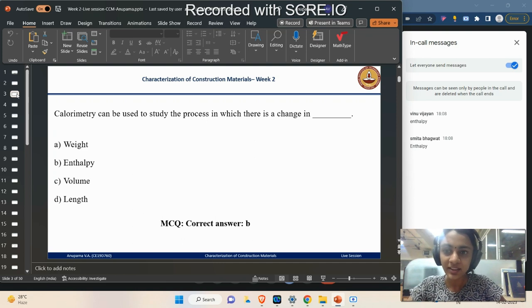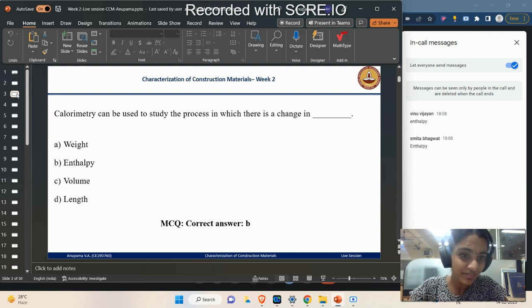Calorimetry can be used when there's a change in enthalpy, that is, an energy difference. Like in the case of cement hydration, what kind of a reaction is it? Is it exothermic or endothermic? Endothermic means it absorbs heat, exothermic means it liberates heat.